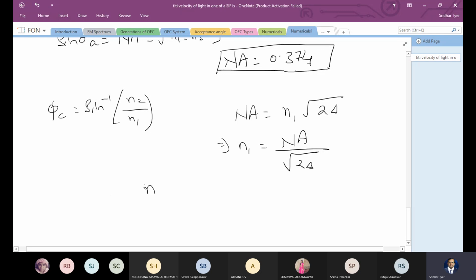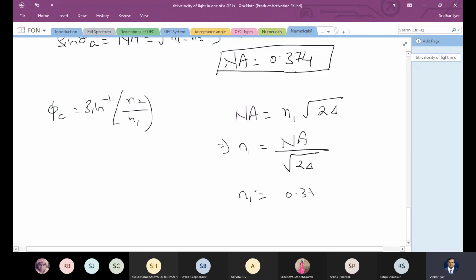Therefore n1 will be Na, which is 0.374, divided by root of 2 delta, that is 2 into 0.03, because delta is 3%. So based on this, n1 which we get is 1.532.